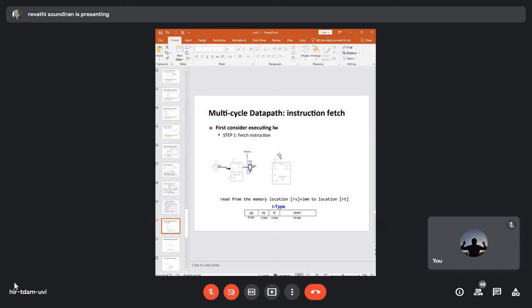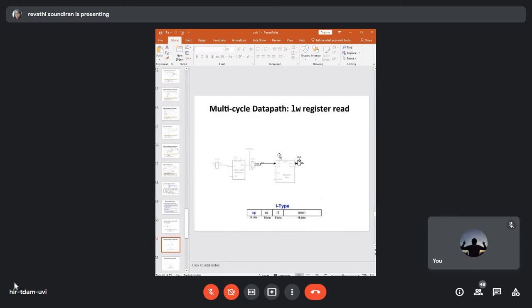The next operation is to read the source operands from the register file. For that, the corresponding controls are determined in the current state itself. The operands are read from the register file based on the instruction that has been decoded.